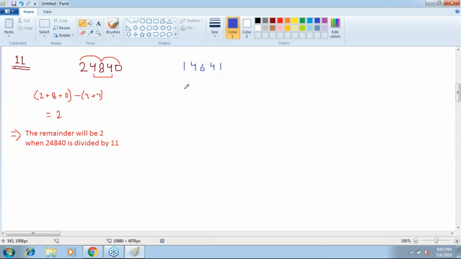Let me make a group of alternate digits, 1 plus 6 plus 1, and the other group of alternate digits gives me 8. What do I understand? The remainder will be 0. So the number is divisible by 11. For your information, 14641 is actually 11 raised to the power 4.